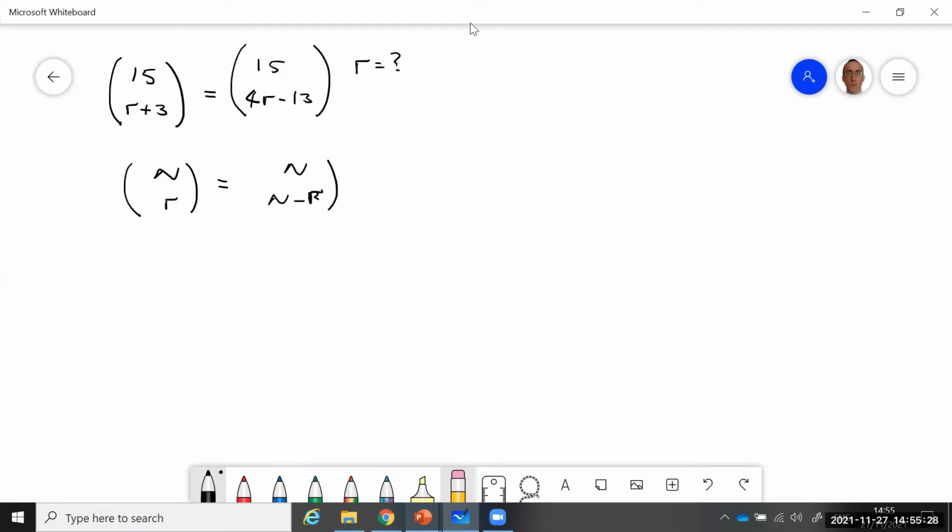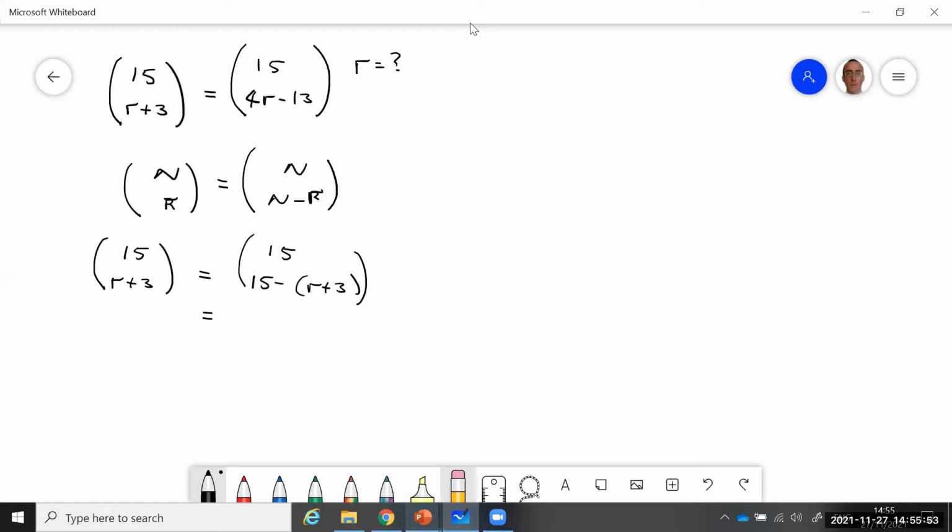So hence the 15 choose r plus 3 can be rewritten as 15 choose 15 minus (r plus 3).